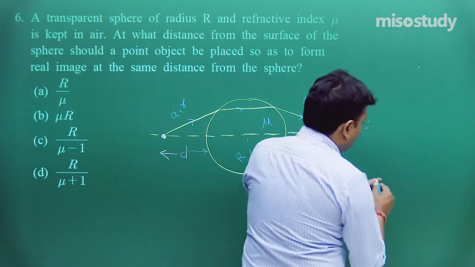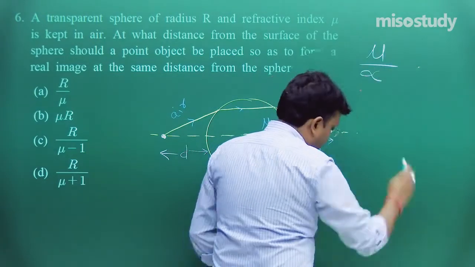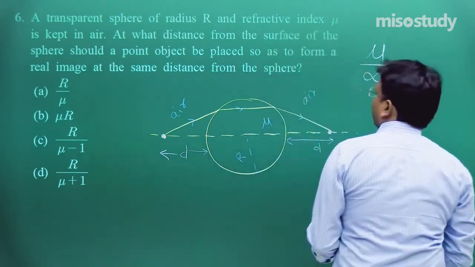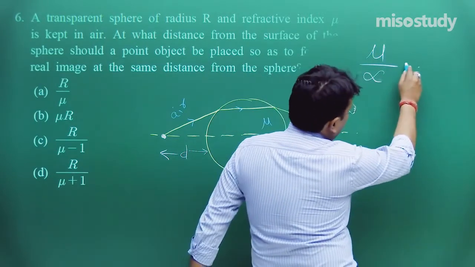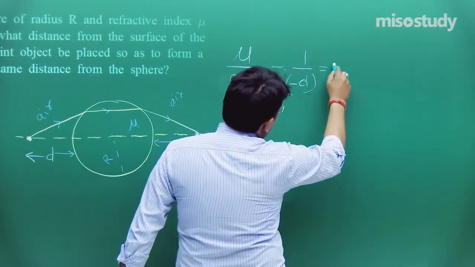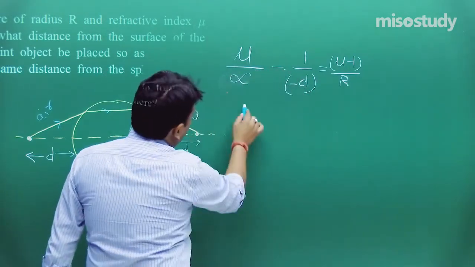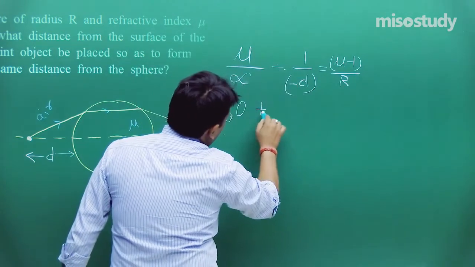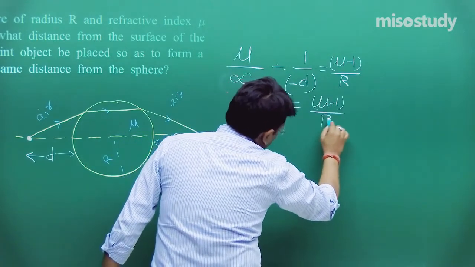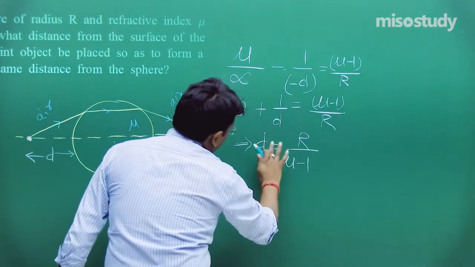I am directly writing the formula: mu upon infinity minus 1 upon minus d is equal to (mu minus 1) upon R. Basic result, solve it. 0 minus minus, plus 1 upon d is equal to (mu minus 1) upon R. Therefore d is equal to R upon (mu minus 1).